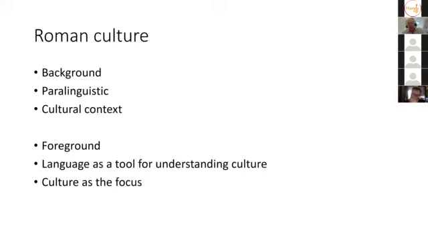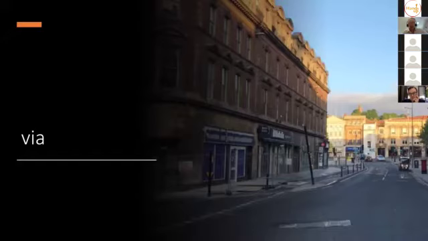So in this session, I'd like to question whether we can, in our teaching, make culture the focus. Probably we won't do that, but pushing things a little further, so that we challenge the primacy that's often given. Start at a really basic level with just a simple word like via.